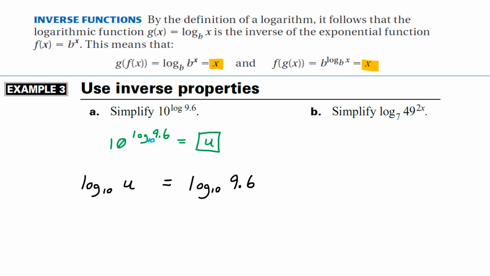And the reason I could do this is because I could take this 10, raise it to this entire part on the right side, and that would give me u. All right, but if you look at it again, I basically have log base 10 on both sides and two different numbers. So therefore, u has to equal 9.6. And go ahead and verify with the calculator, and you could also just use this property over here. So my final answer is 9.6.